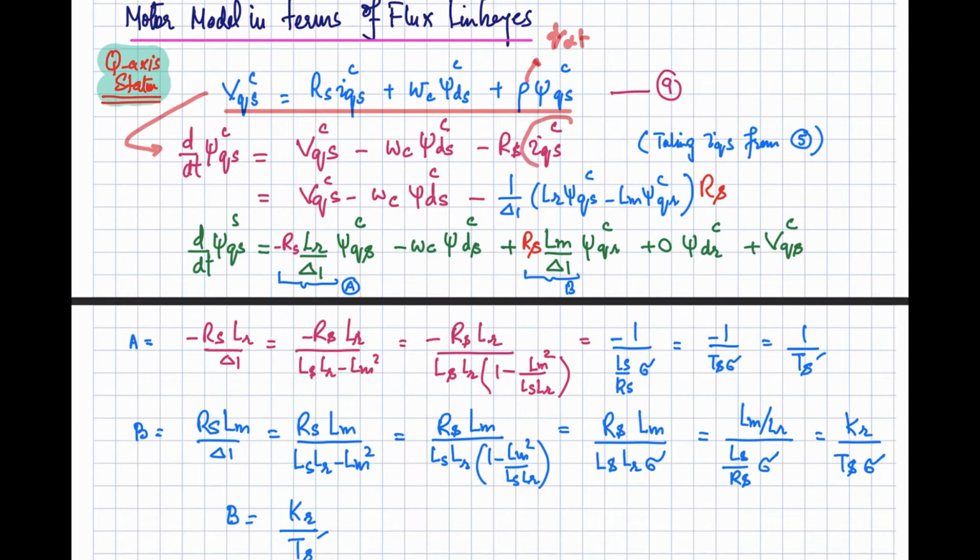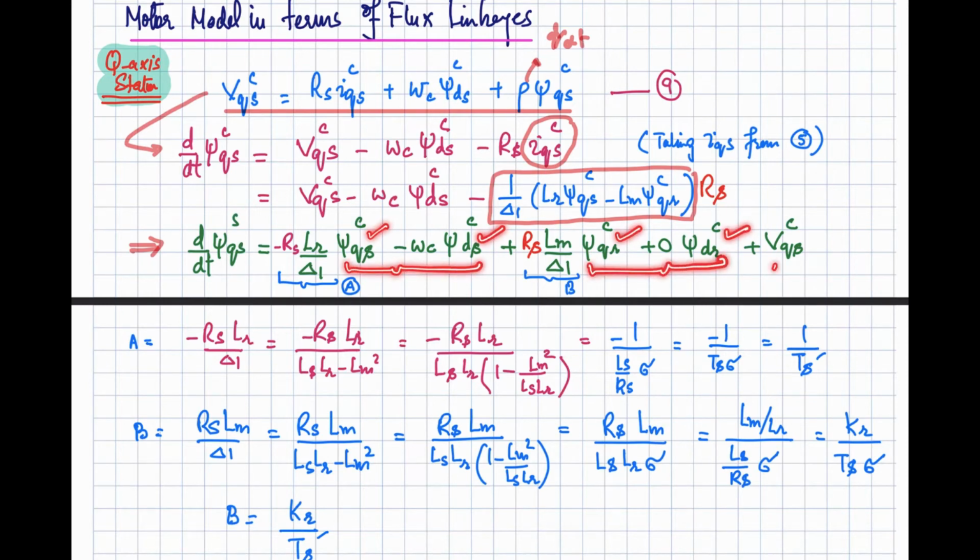And now if we take IQS as we have defined above in terms of the flux linkages, we are going to replace this IQS with this from the equation. The rest of the equation is the same, and now we are going to rearrange it to write it in this form, expanding and rearranging it, writing it this way: phi QS, phi DS, phi QR and phi DR. First the stator side, then the rotor side, and then the input.